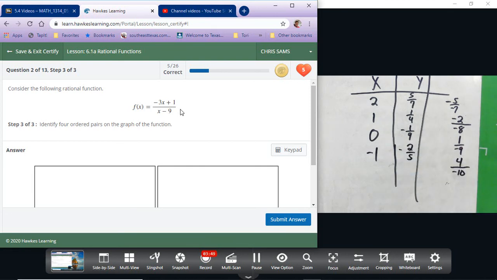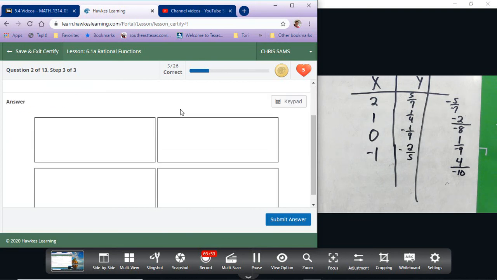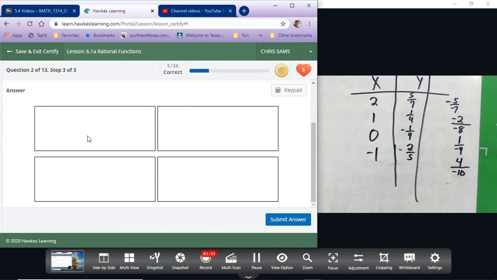Okay, so here are my ordered pairs I have listed. These are what I'm going to type in here. And anything works, you pick it. So 2, comma, 5 over 7. And then 1, comma, 1 over 4.